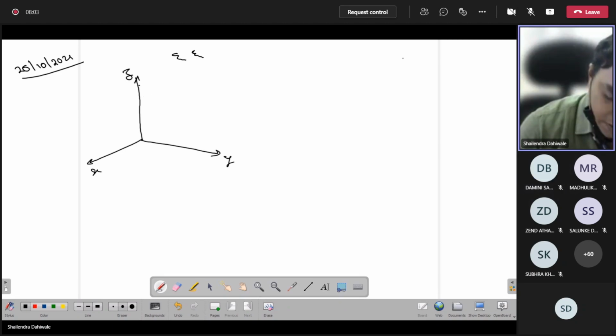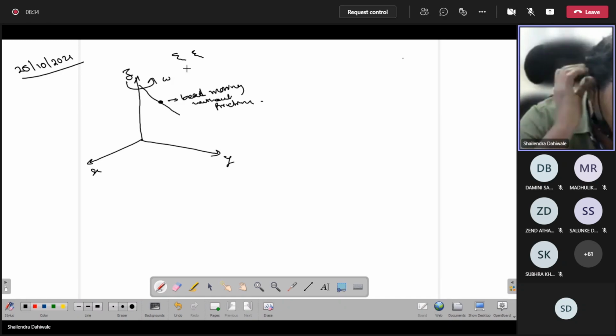You had a wire, and a bead was sliding down along this wire, moving without friction, right? And I said along with this it is also rotating about the z-axis with an angular frequency omega, and this angle was constant.